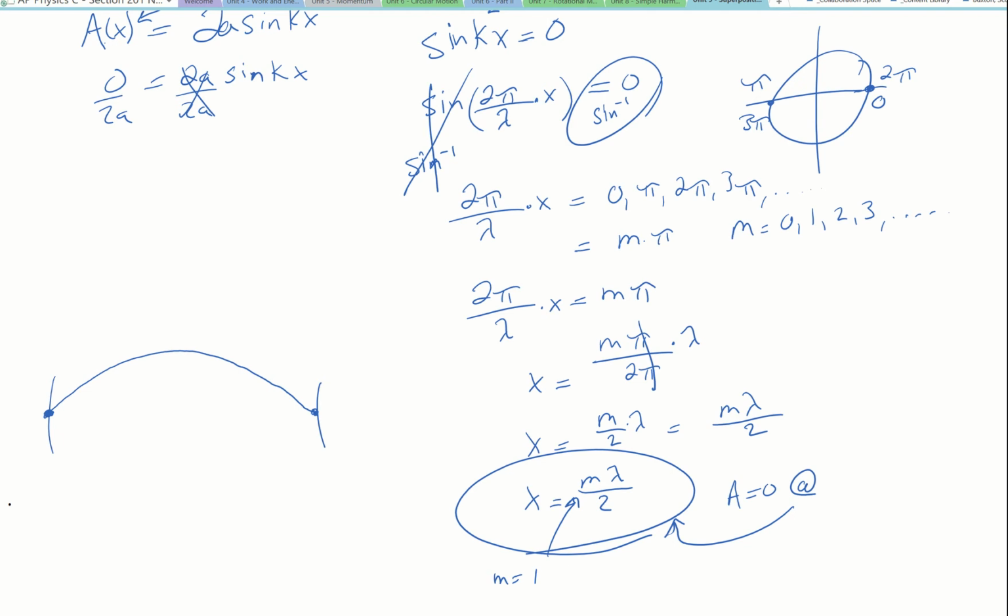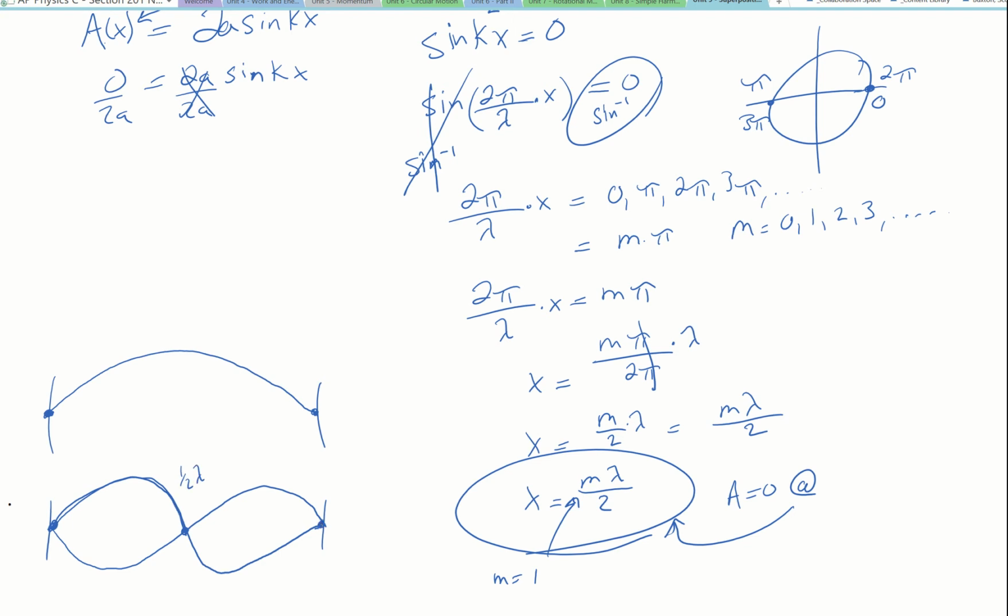That fits with the equation. Well, what if I don't have the first harmonic? What if I have the second harmonic? The second harmonic is when I get a full wavelength from node to node. So something more or less like that. Here's my second standing wave, right? Well, look here. I started at a node. The second node still acts at half of the wavelength.